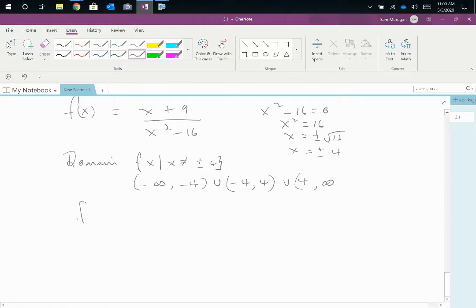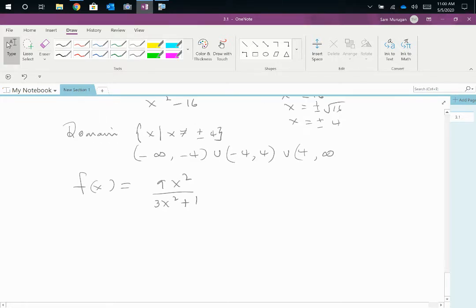One final example, f of x is equal to 9x squared over 3x squared plus 1. Notice in this case there's no number that you can substitute in the denominator that would make the denominator 0, because every time we square a negative number it becomes positive.